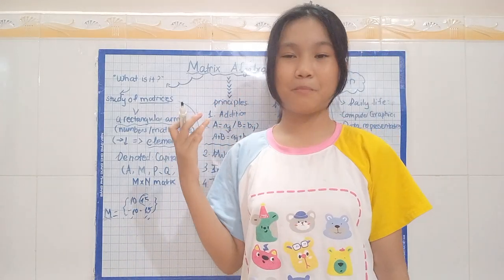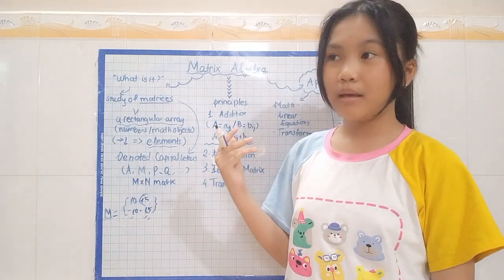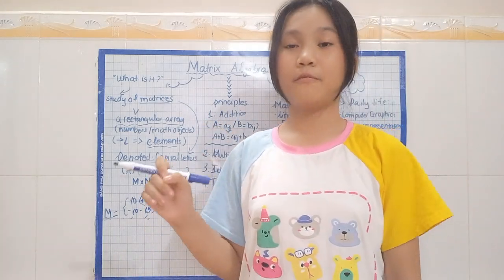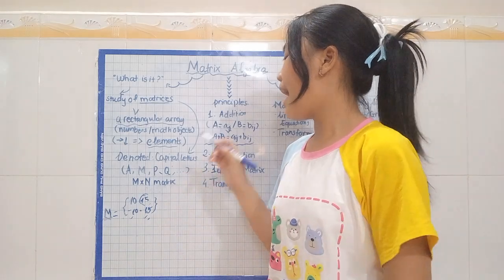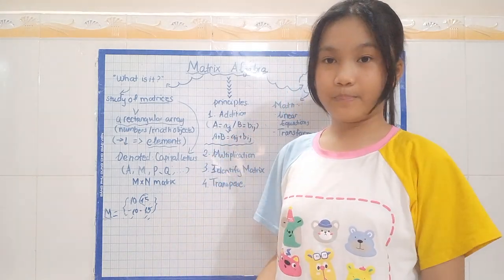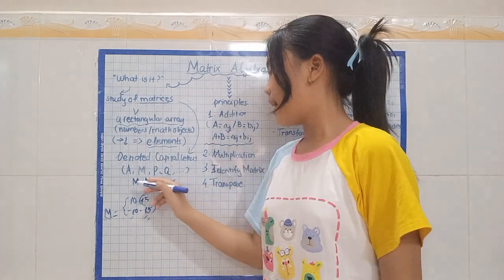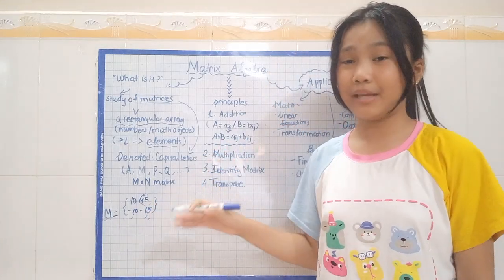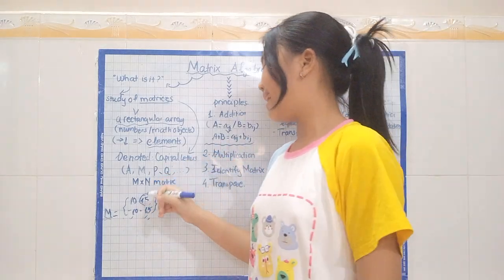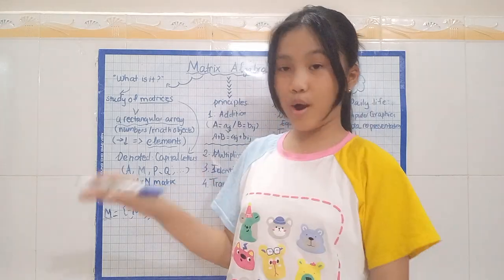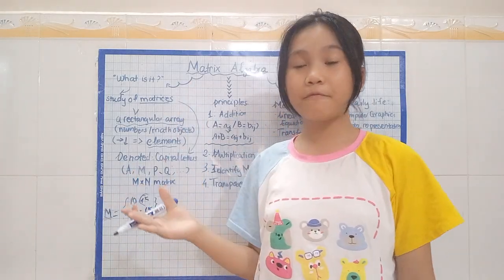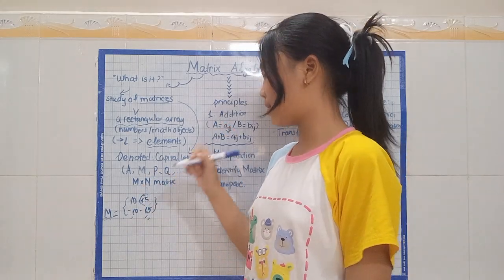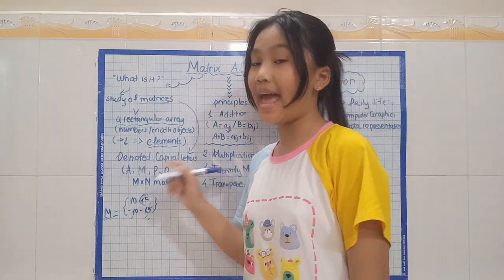It could be A, B, M, P, any letter in the alphabet. When we are reading, we call it an M by N matrix. What do M and N stand for? M and N stand for the rows and columns. Row comes first, which means rows is M, and column comes second, which means columns is N.